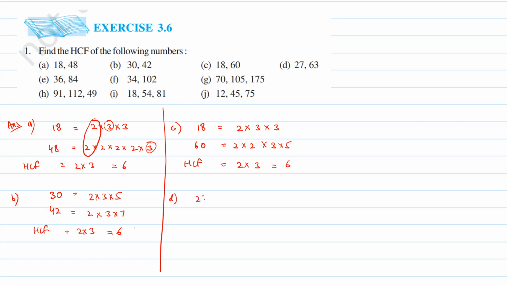D part, 27 can be written as 3 into 3 into 3. 63 can be written as 3 into 3 into 7. So HCF will be 3 into 3, which is 9.